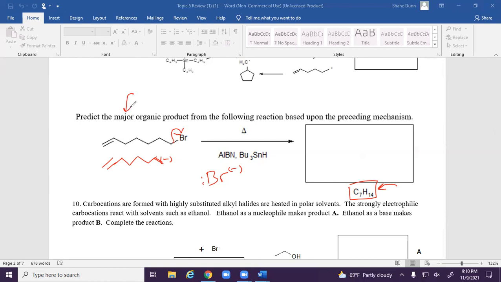Easier way. Major is what? The most stable, which means it has the least amount of energy. What is the most stable molecule in chemistry besides benzene?